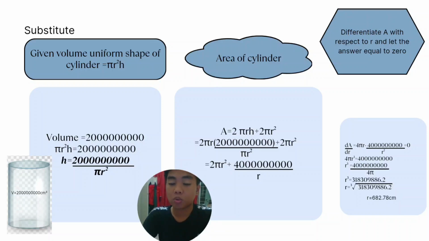Then we must eliminate the cube, so we take the cube root of 318,308,886.2.